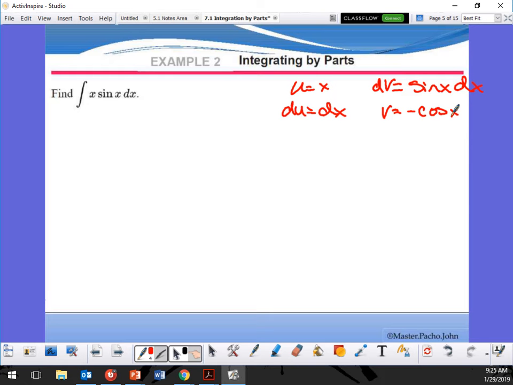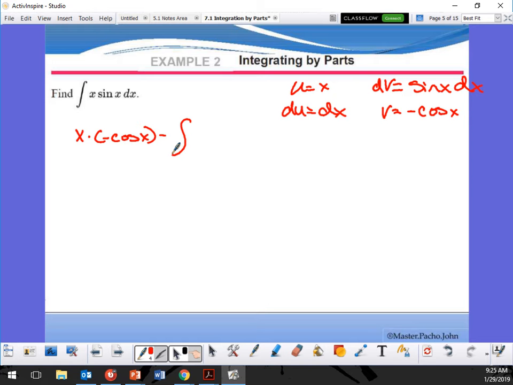Okay, so we have those values right there, so let's go ahead and start plugging stuff in. So it's going to be uv, so my u is x, right? So it's going to be x times negative cosine of x minus integration of, what goes next?